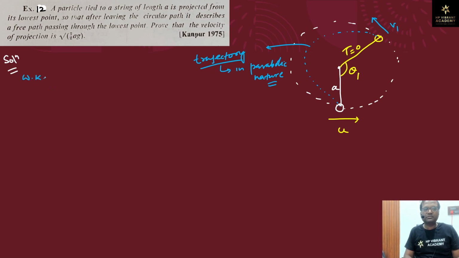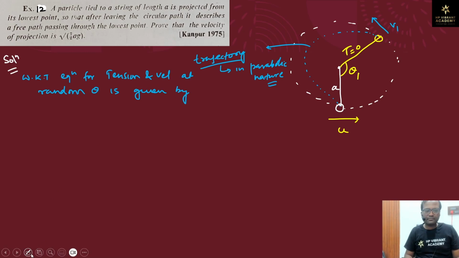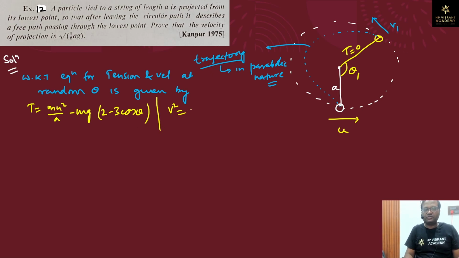We know that the equations for tension and velocity at a random theta are given by: tension T is equal to (m u square upon a minus m g)(2 minus 3 cos theta), and v square is equal to u square minus 2 a g (1 minus cos theta). Let at theta equal to theta 1, tension is equal to 0. So this is equation 1 and this is equation 2.